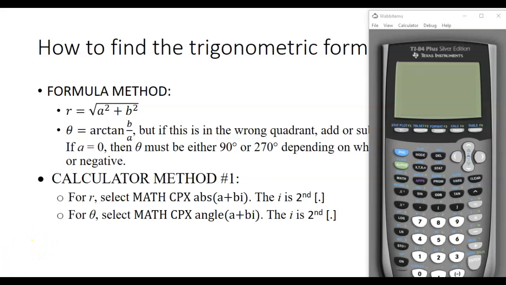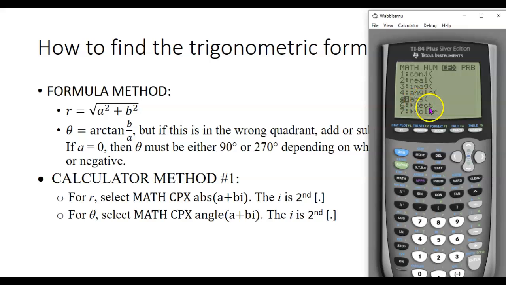Remember that we need two numbers, the r and the theta. To get the r, push the math button, use the right arrow to select CPX, which of course stands for complex. And now go down and select ABS from the menu.